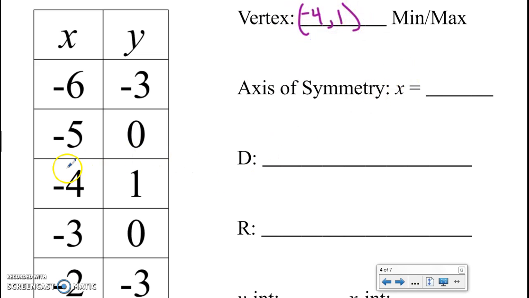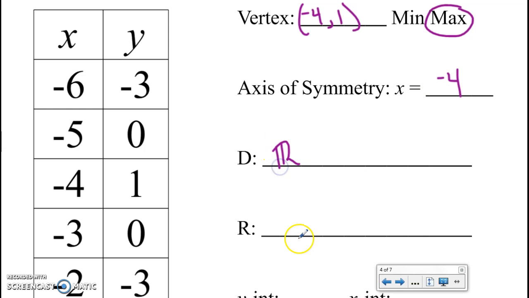Now, for the minimum and maximum, we need to decide if my vertex is the biggest number on the list or the smallest. If you notice, 0 is smaller than 1, and negative 3 is also smaller than 1. So if that's my biggest number on my table, that means I have a maximum there. My axis of symmetry comes straight from my vertex, so the negative 4 that I have in my vertex is going to be my axis of symmetry.